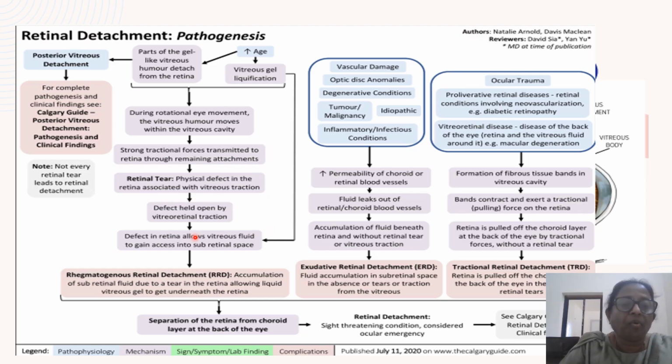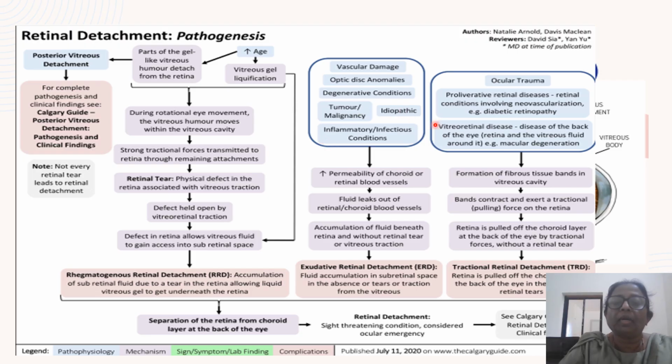The defect in the retina allows the vitreous fluid to gain access into the subretinal space, and it will cause rhegmatogenous retinal detachment.